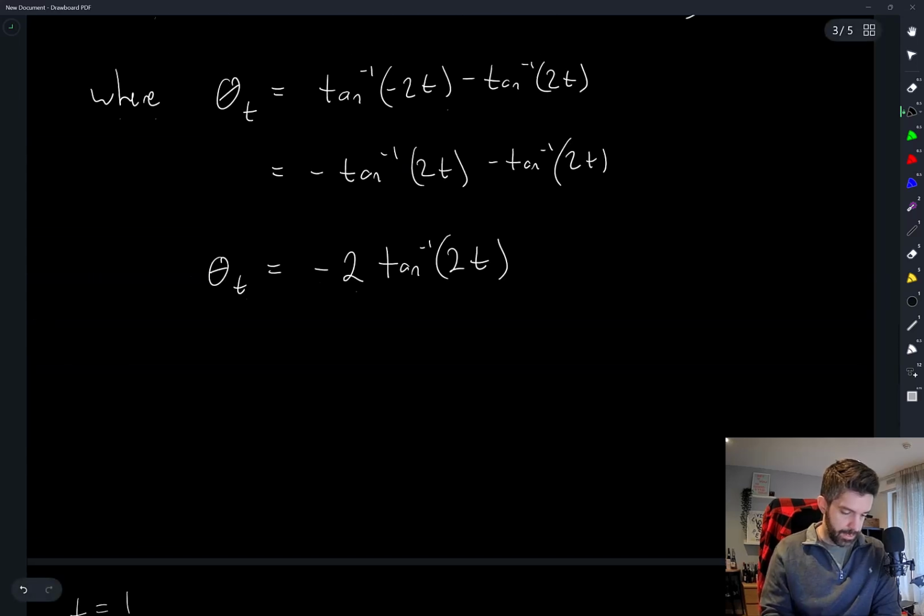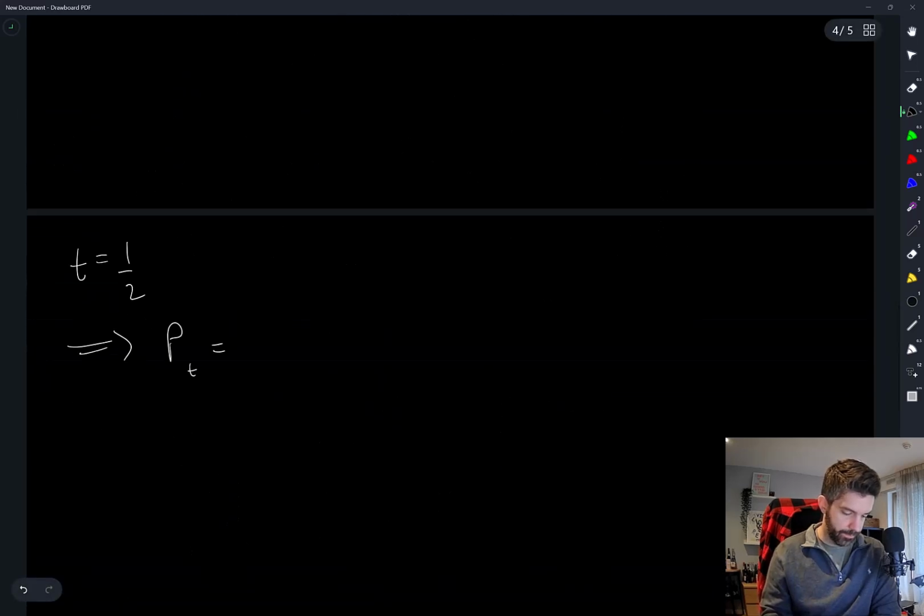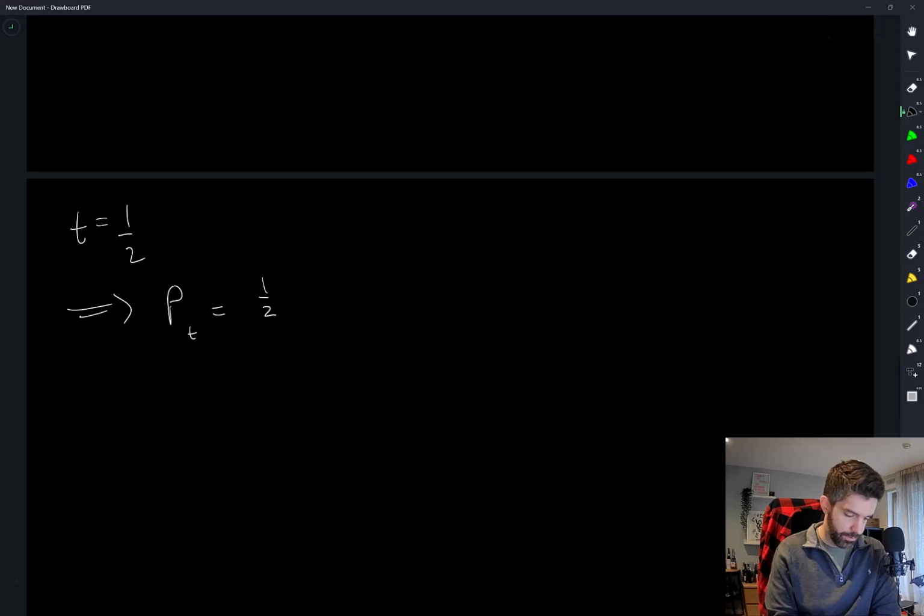So p of t is 1 over 2, negative 1 over 4, plus, well, let's compute, r of theta of 1 over 2 applied to v of 1 over 2.